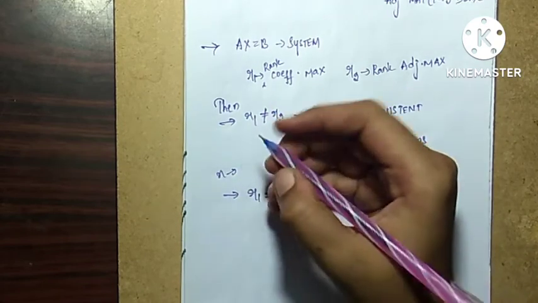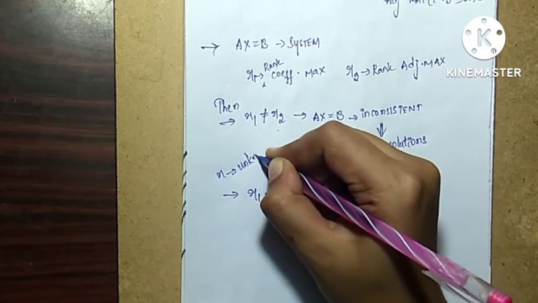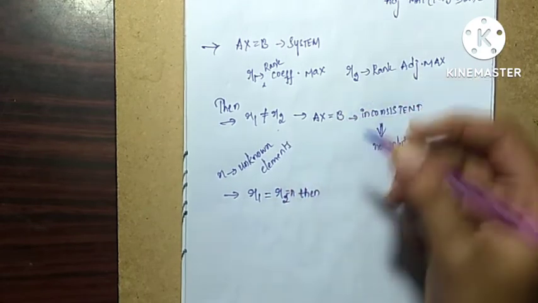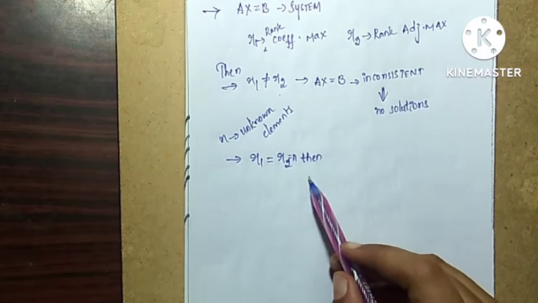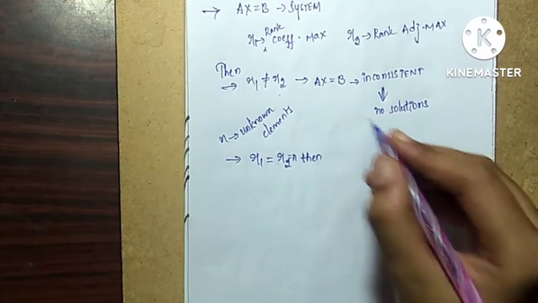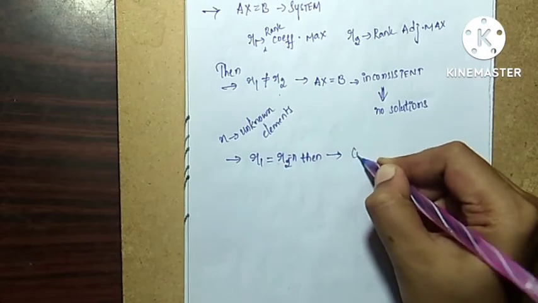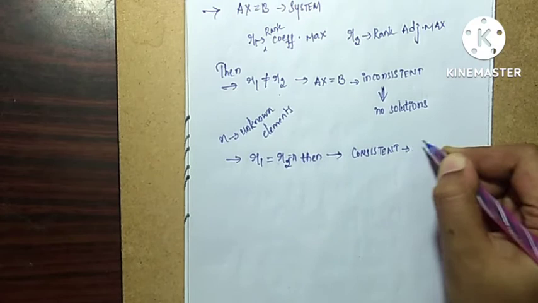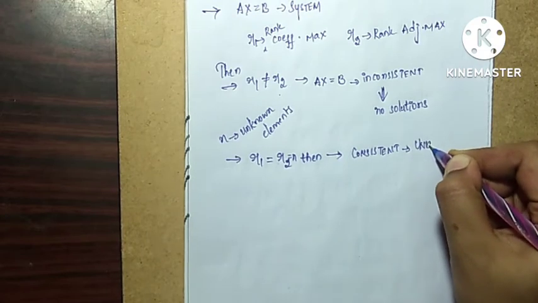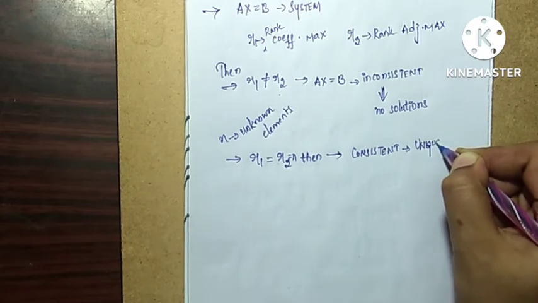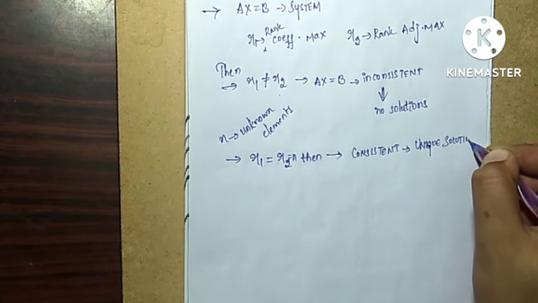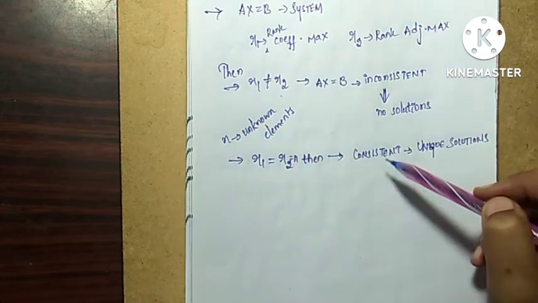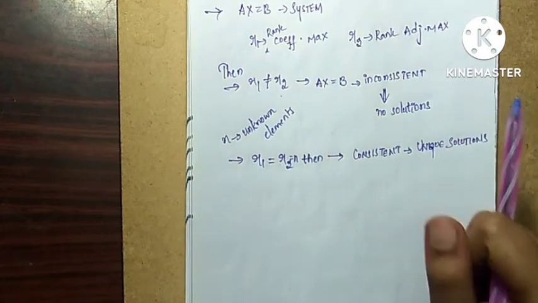Here n is the number of unknowns. If R1 equals R2 equals n, then the system is consistent and has a unique solution. If it is inconsistent, it has no solutions. If it is consistent, it has at least one solution.